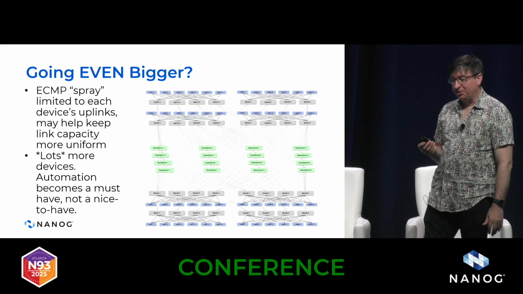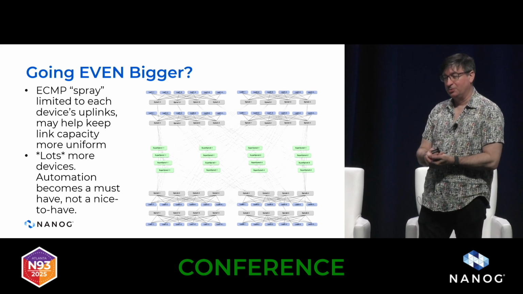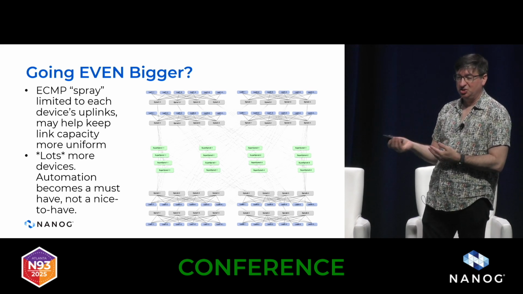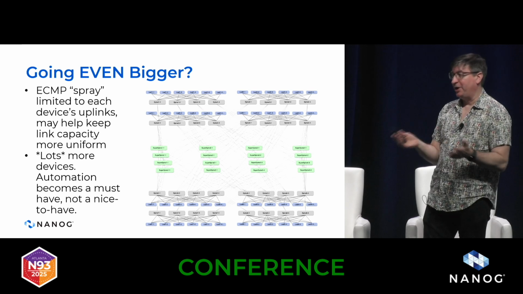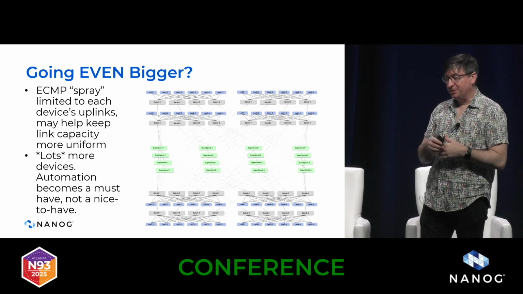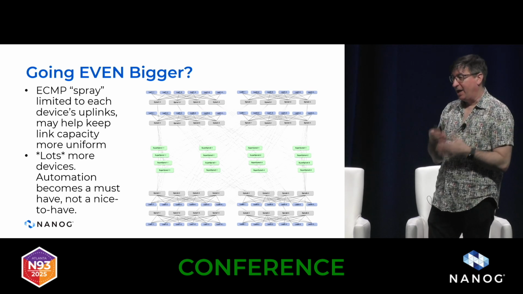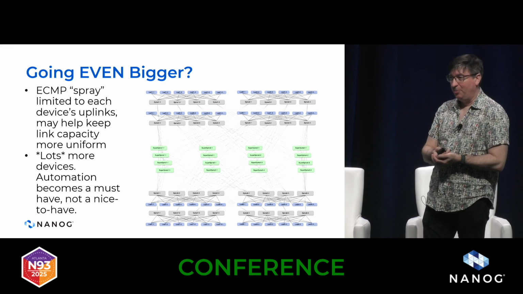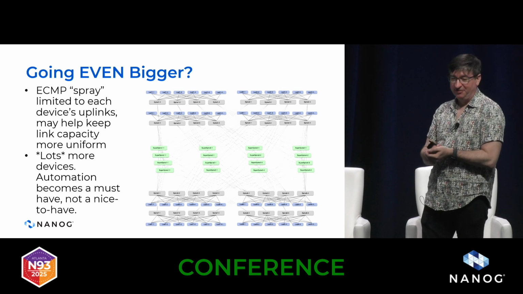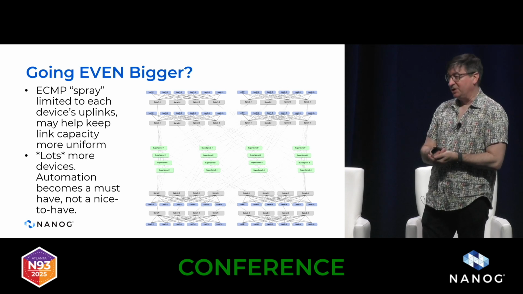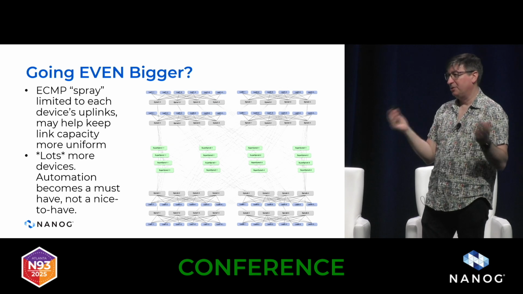Now, another thing about this design is that because you're not connecting every spine to every super spine, your ECMP spray is narrower. Your ECMP is a quarter of the width that it was before. And in some cases that can help with reducing elephant flows. You can keep your capacity more uniform.